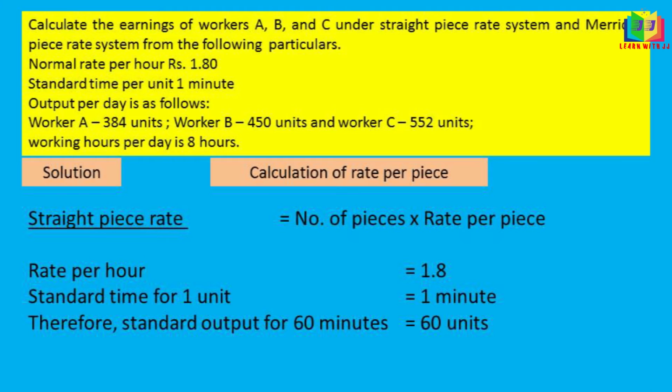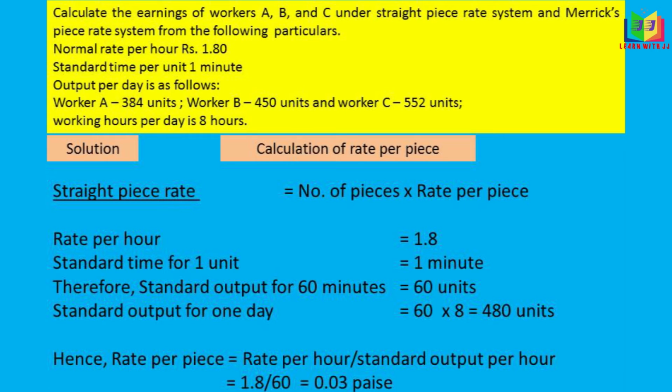The output per day is given for the workers, so we can find the standard output per day. 60 units into 8 hours, the normal working hours, gives 480 units, the standard output per day. For straight piece rate, the piece rate is equal to rate per hour divided by standard output per hour.